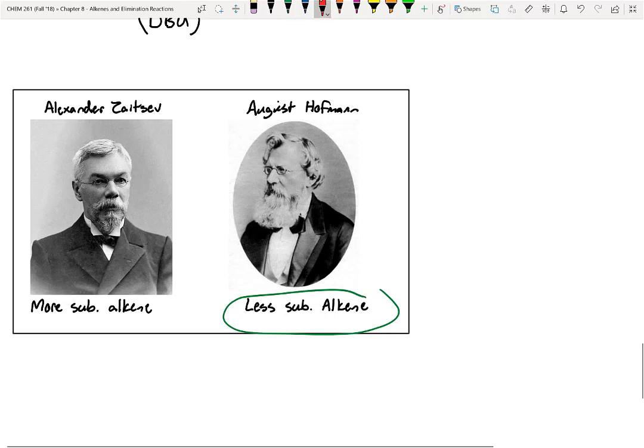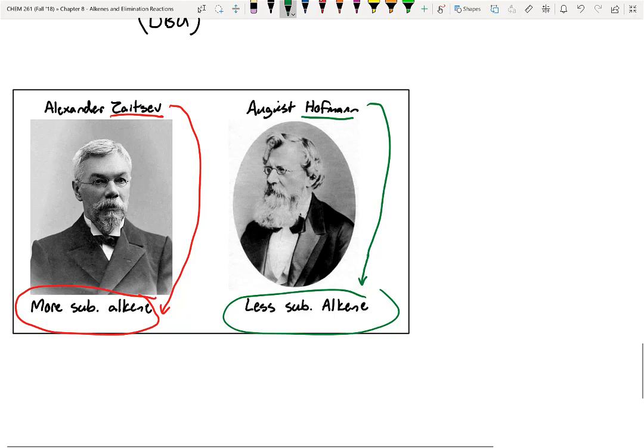On the other hand, Alexander Zaitsev was doing E2 chemistry with smaller bases and noticed that he tended to get the more substituted alkene, however, he was using different leaving groups. These names have historically stuck, so whenever you see Zaitsev, you should immediately think that's the more substituted alkene. Anytime you see Hofmann, you should think that's going to be my less substituted alkene.